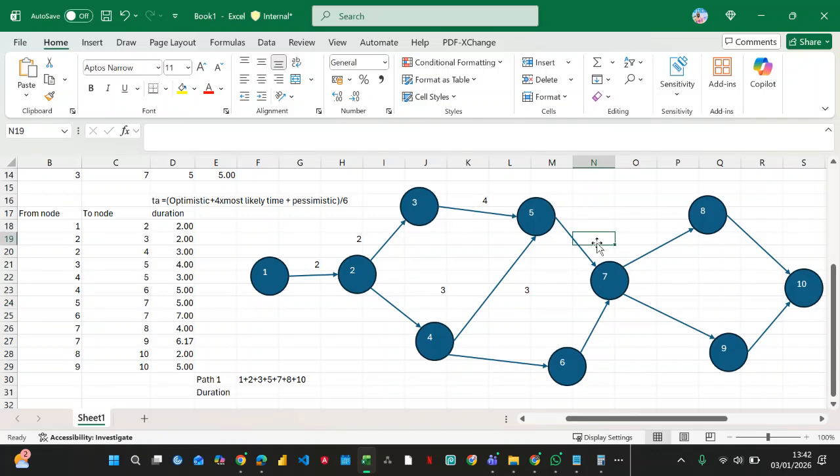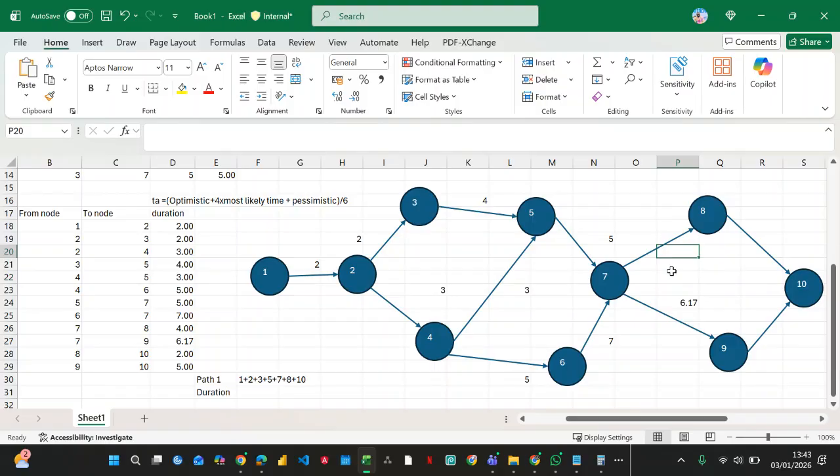So from five to seven, 5.0. Okay, so four to six is what? Five. Then from six to seven is what? 7.0. So from seven to nine is what? Seven to nine, 6.17.